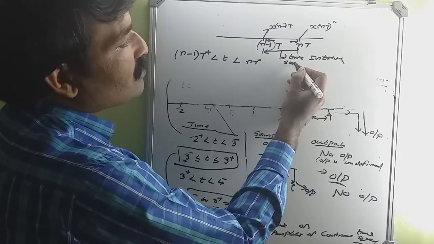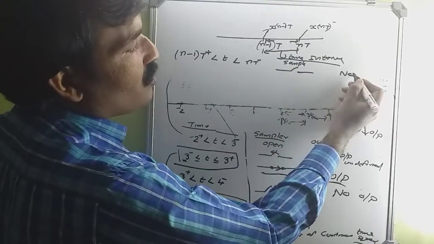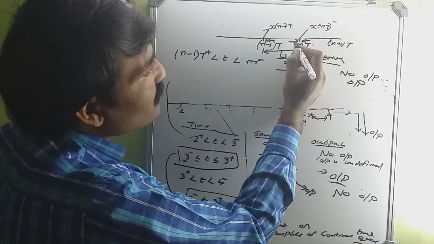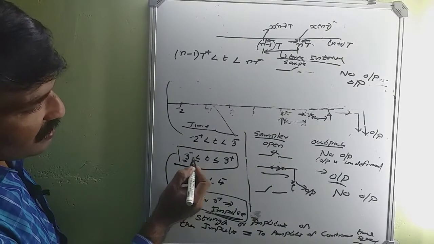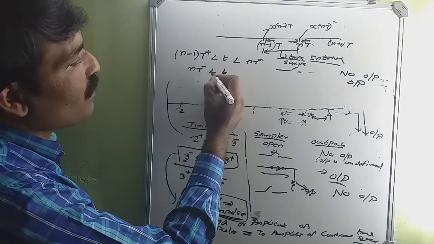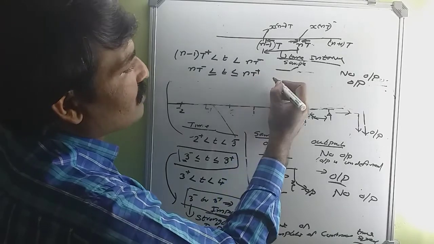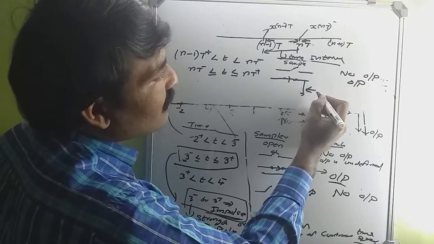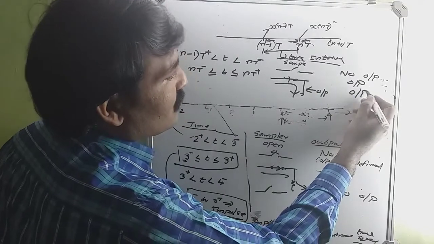In this interval the sampler remains open, so we have no output. For the time duration between nT minus and nT plus, that is, nT minus less than or equal to t less than or equal to nT plus, the sampler is closed, so the signal will flow through and we will get output.